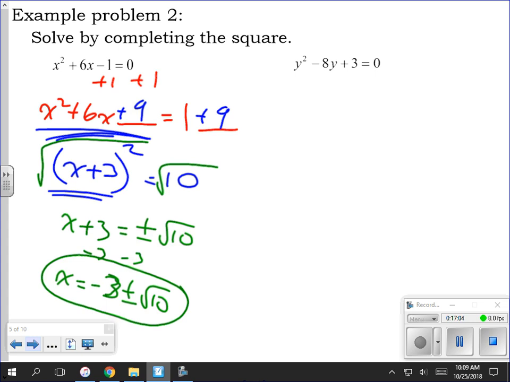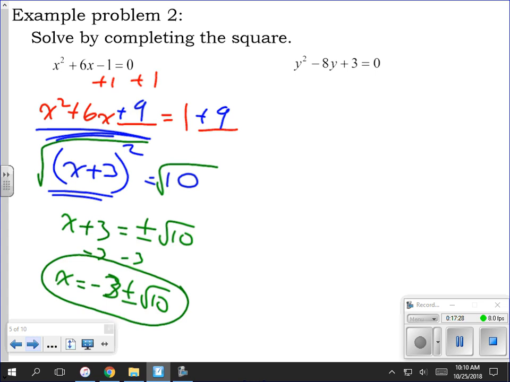Is it plus or minus this whole thing? Figure out that number, plus and minus that. Or is it -3 plus root 10, -3 minus root 10? If I put the plus or minus in the front, I don't know the difference. And these are not the same as this. That's why you put the 3 and then the plus or minus whatever afterwards.